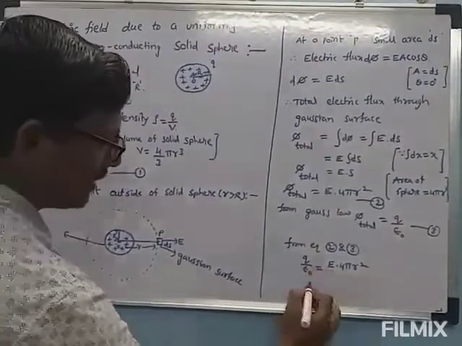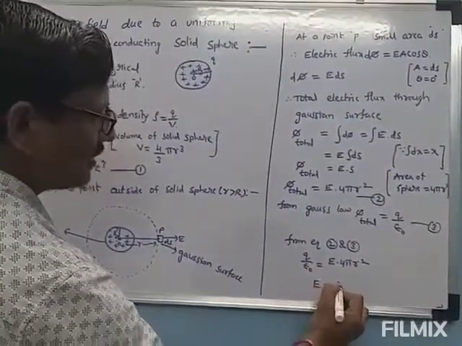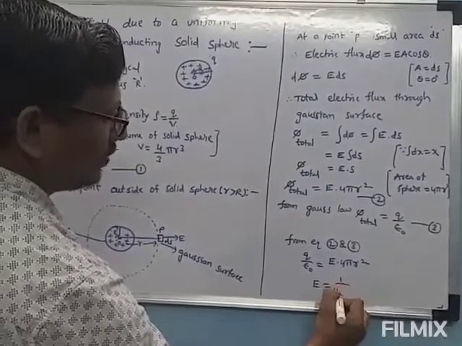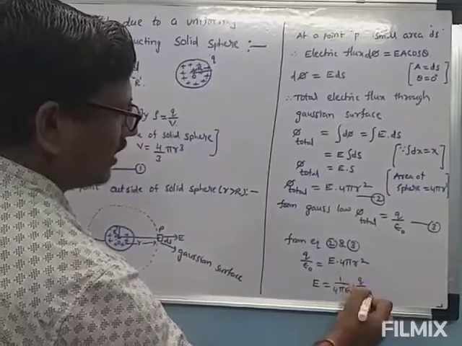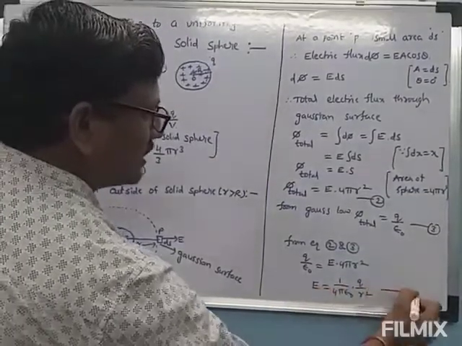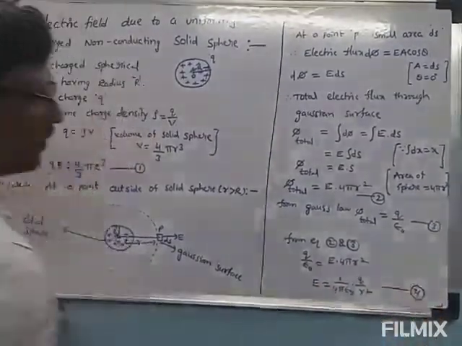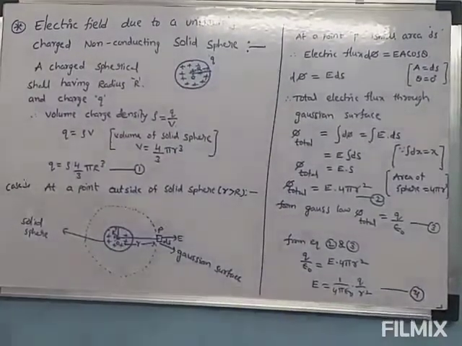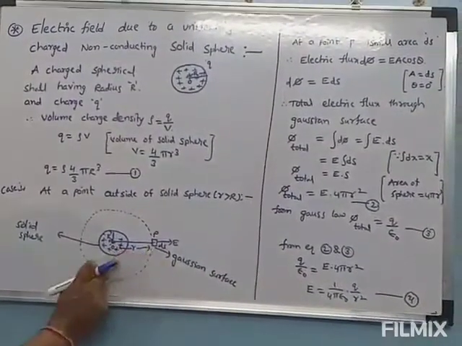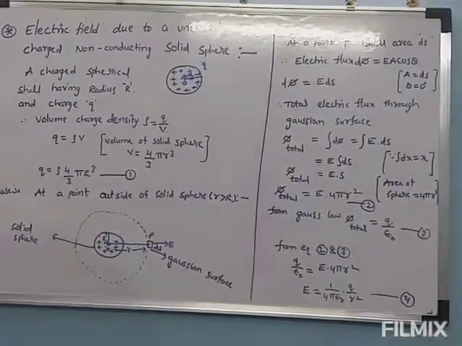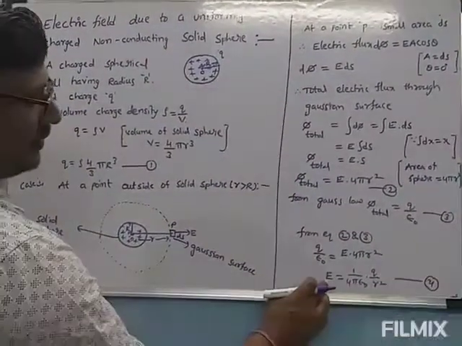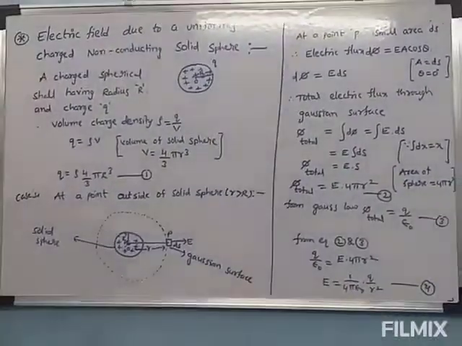Then we can write the electric field E is equal to 1 by 4 pi epsilon naught into Q by r square. This is considered equation number 4. It is the electric field at a point P outside the solid sphere. Now we can observe here the electric field is inversely proportional to r square.